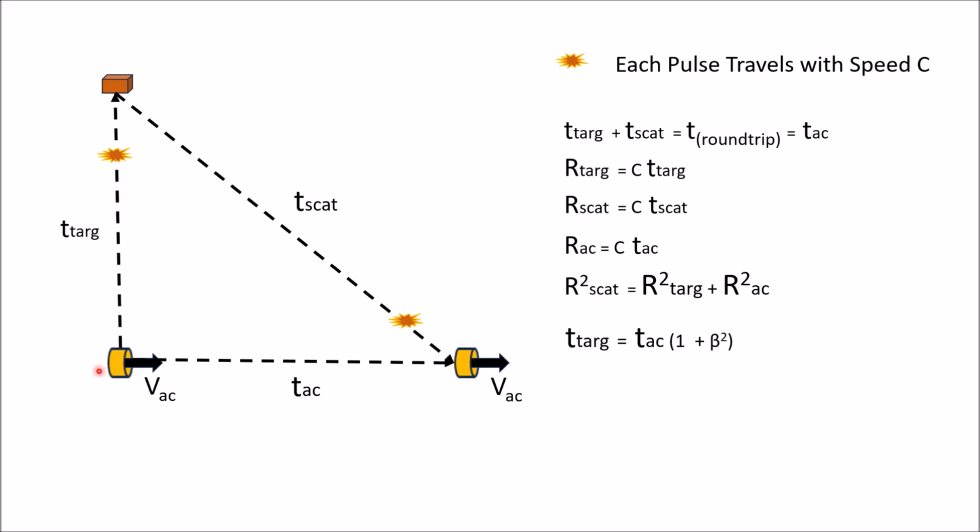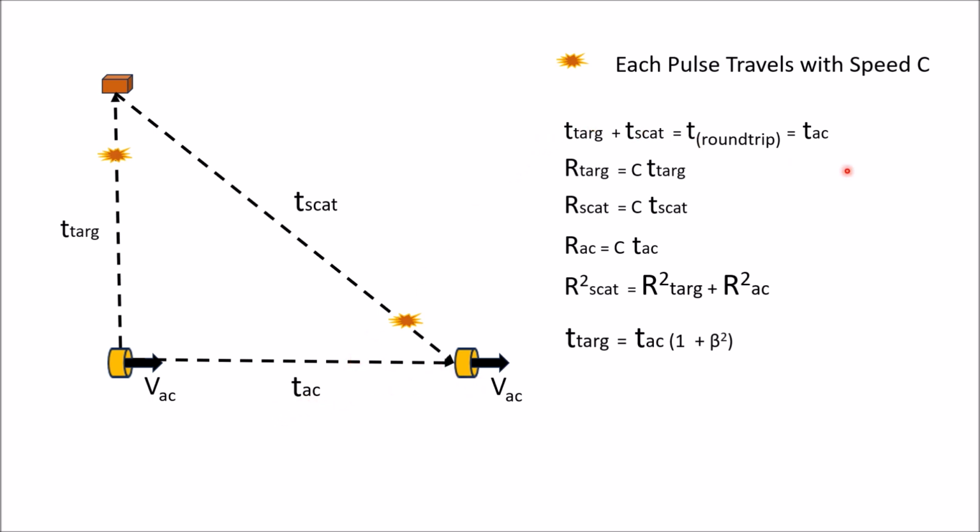It has no component of motion in the horizontal direction that's along the direction of motion of the aircraft. The pulse travels to a target, some point out there, and then there's radiation scattered back from it and reaches back to the aircraft and is received there after a certain time that the aircraft has flown.